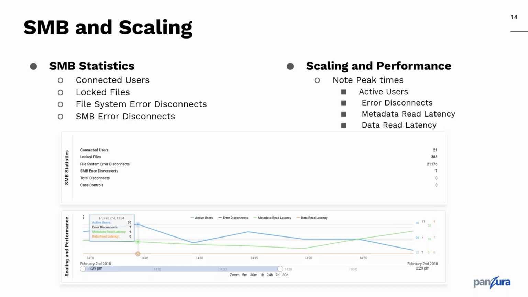So you can map those onto problems that you might be having in the field on an individual site, and help you also predict, as your user count went up, how did it affect your user latency or metadata read latency. All of these help you adjust for future deployments so you can understand the sizing that you might need in a new environment. So after all of the protocol and file specific things, we talk about system resources.